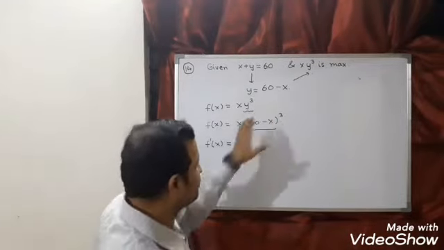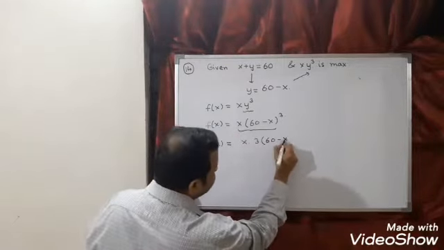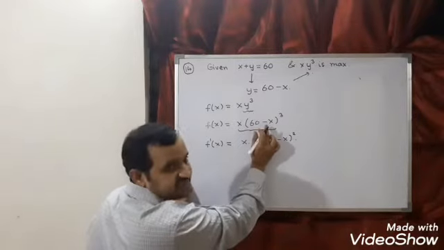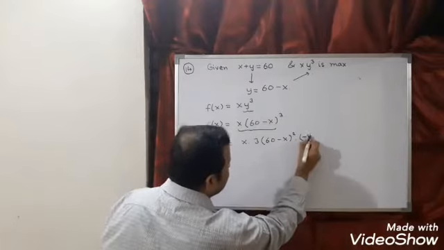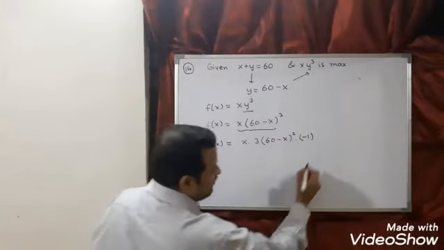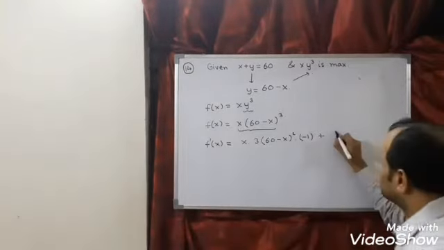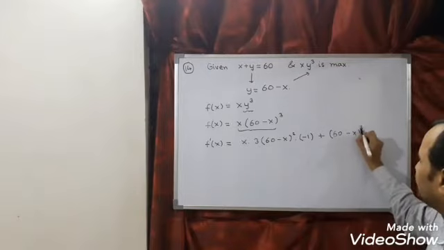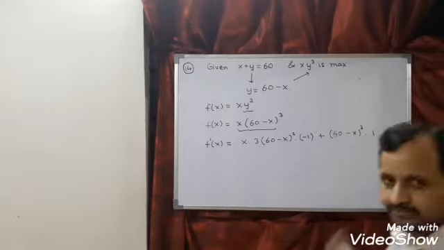So (60 minus x) cube differentiation is 3 into (60 minus x) whole square into differentiation of 60 minus x, chain rule, which is nothing but minus 1, plus second function. Second function here is (60 minus x) whole cube into differentiation of x, which is nothing but 1.